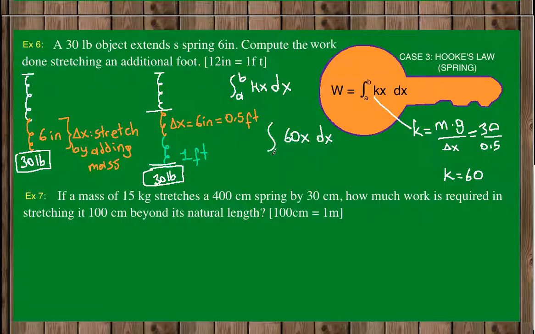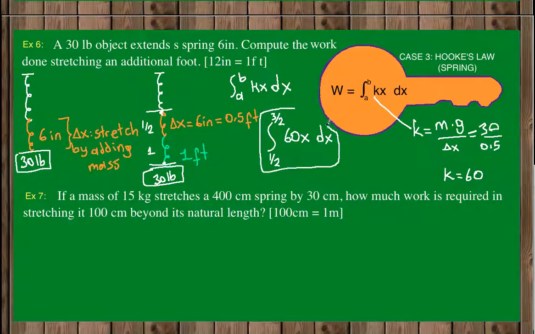So from 1/2, which is 0.5 foot, plus an additional foot, if we add together, it will be 1.5 foot, which is 3/2. So this is 1/2 plus 1, so it is 3/2. So this is the work done from here to here. So this is our integral to calculate the work.